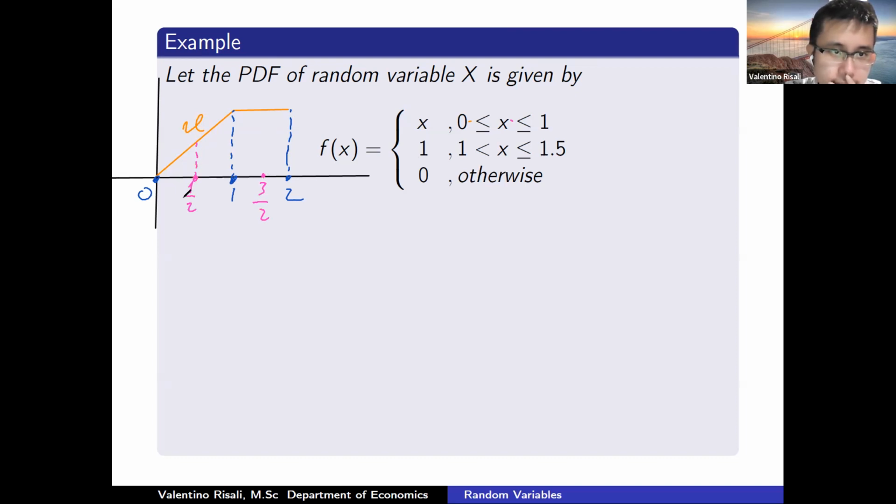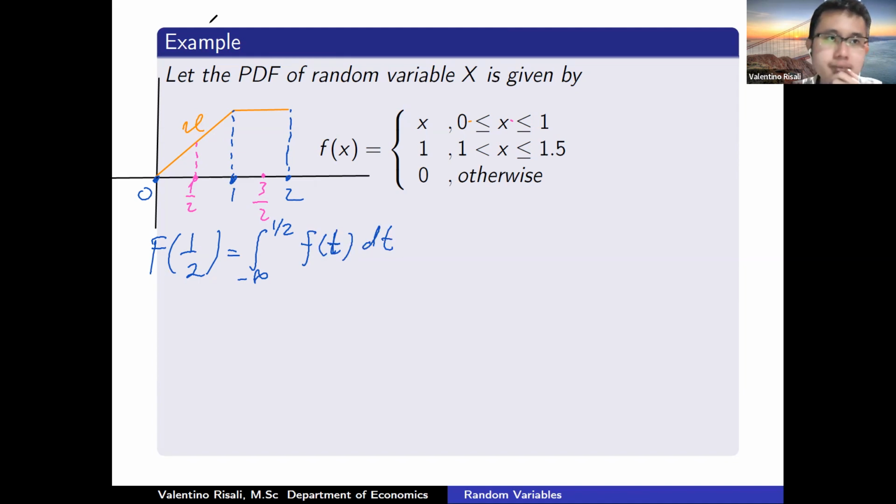Now for the first value, the cumulative at a half is the integral from minus infinity to a half of f(t) dt. Or if we consider only the non-negative values, it is the integral from 0 to a half.